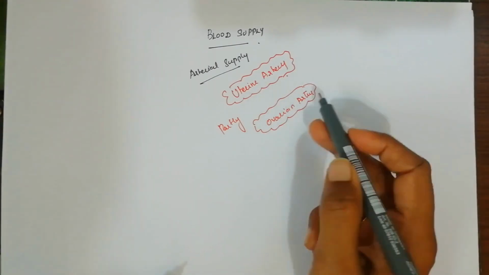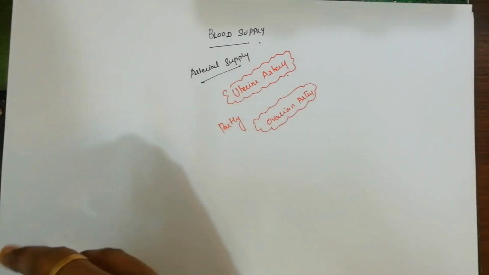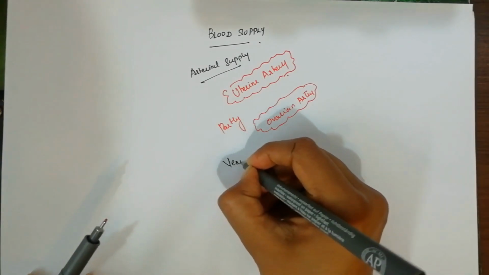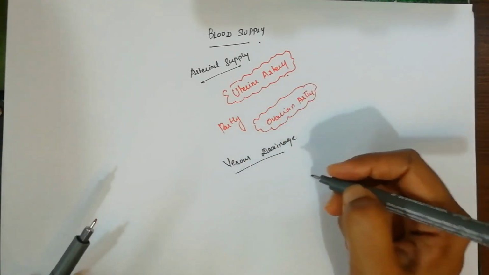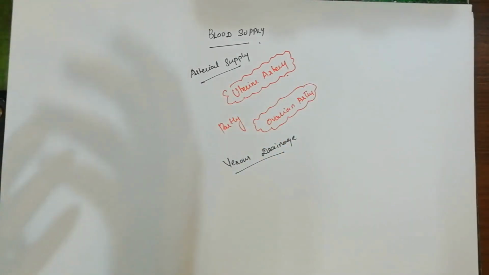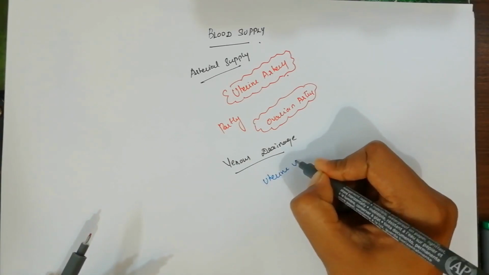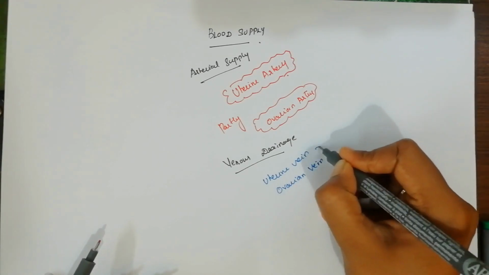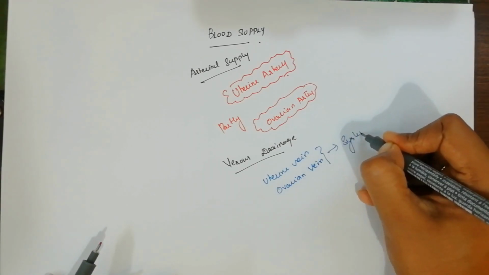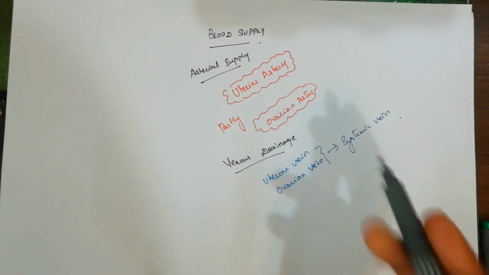So these are the 2 arteries responsible for the arterial supply of uterus. Talking about venous drainage, the accompanying veins of these arteries are important, that is the uterine and ovarian vein, which at last drain into the systemic veins. So these are the arterial and venous drainage of uterus.